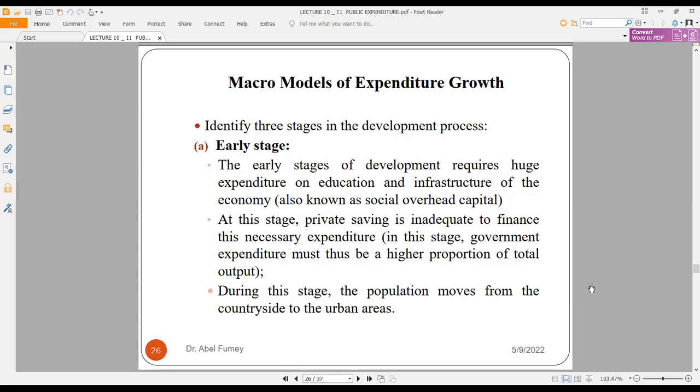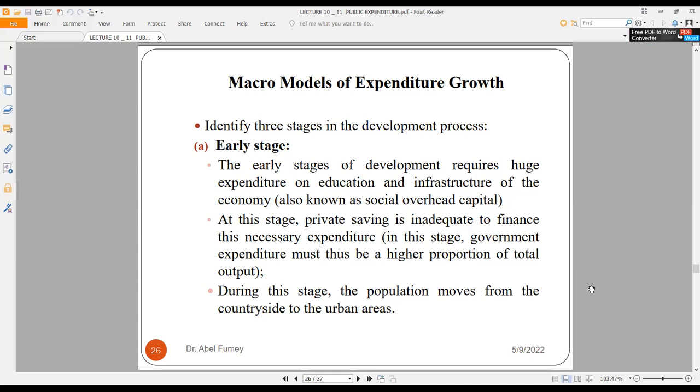Now, at the early stage of development, individuals do not save much. So private savings won't be able to help the private sector to produce all the goods and all the infrastructure that is needed. The state wasn't developed, so people wouldn't actually be saving.